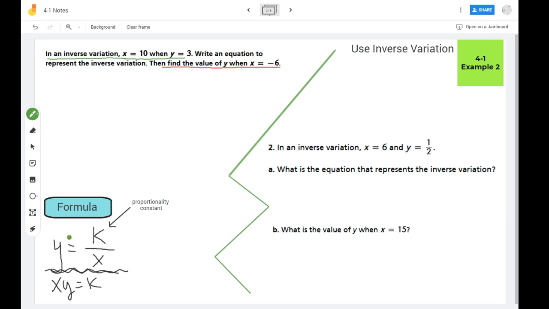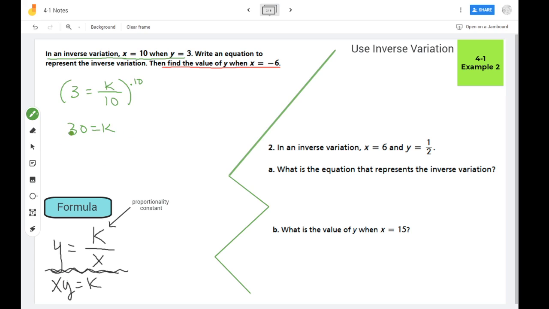So here we go. I'm using y equals k over x, and that's going to get me 3 is equal to k over 10. If I multiply each side of the equation by 10, I get 30 is equal to k.